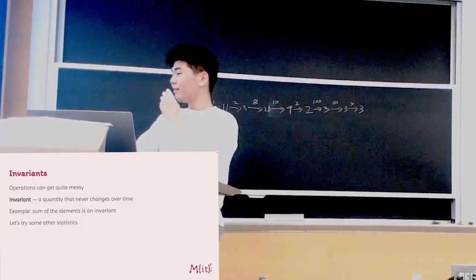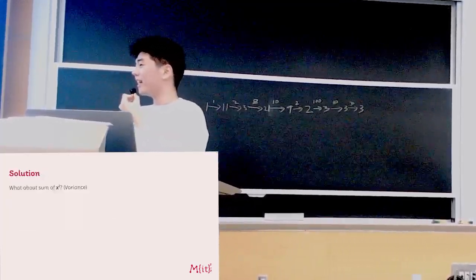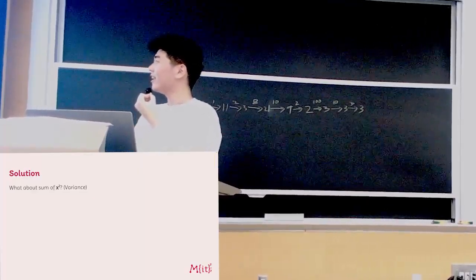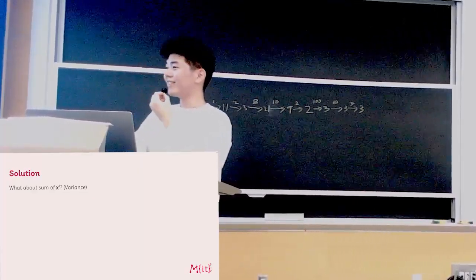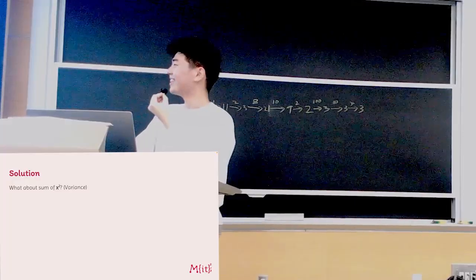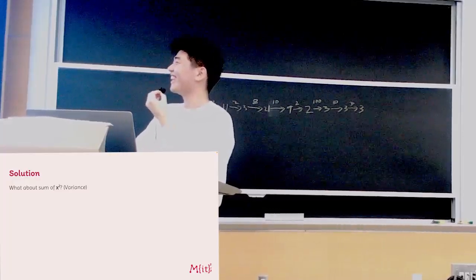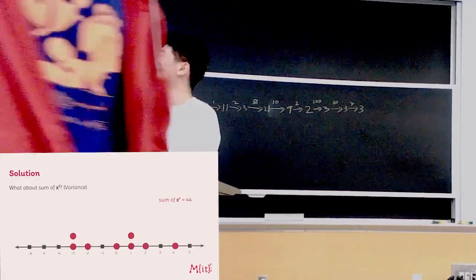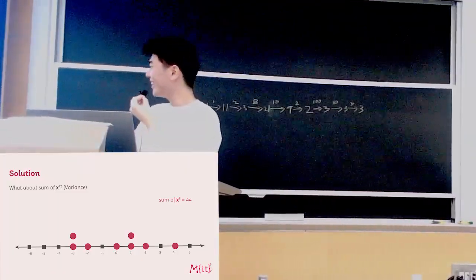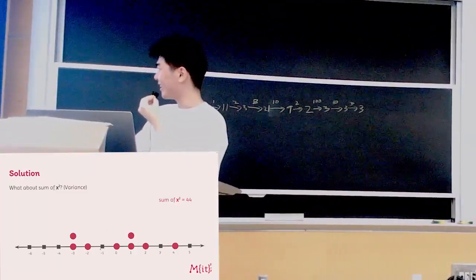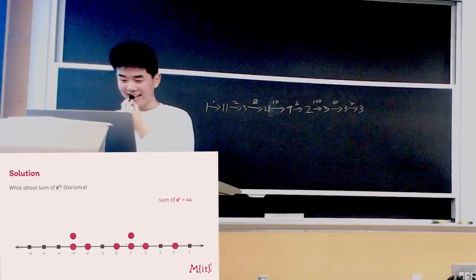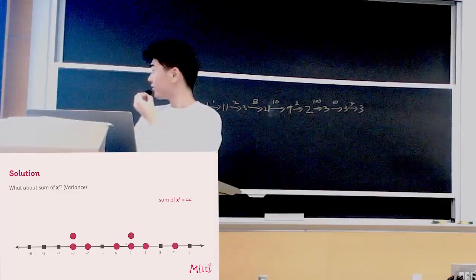Okay, so what are some other statistics of the problem that we can look at? What about the sum of x squared, or the variance of the multiset, if you do statistics? Well, let's look at this case. The sum of x squared here is 44. Just trust me on that.